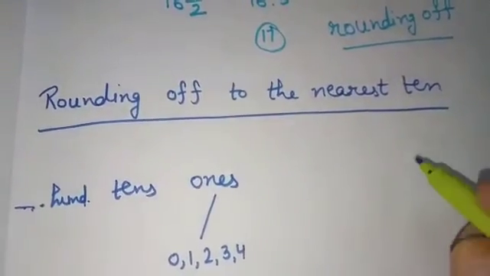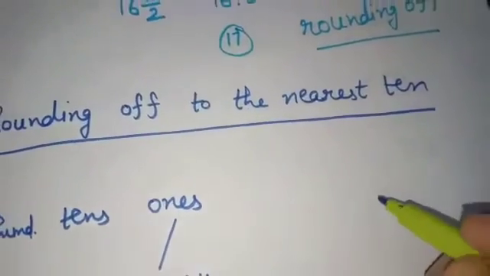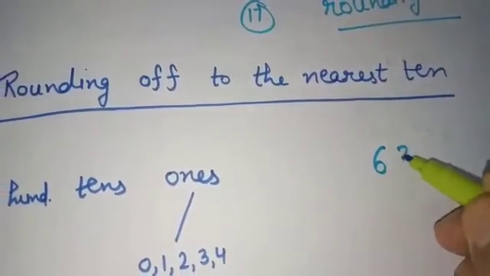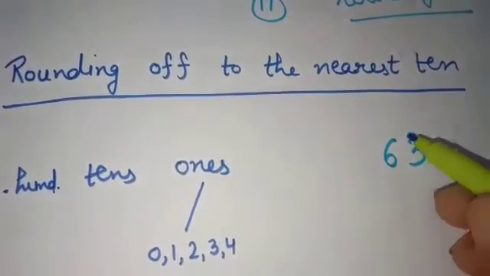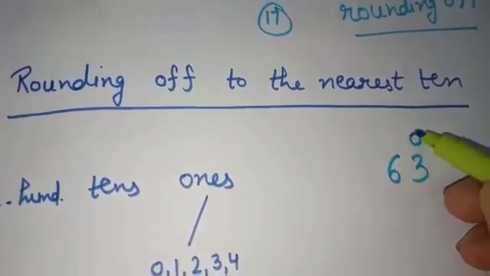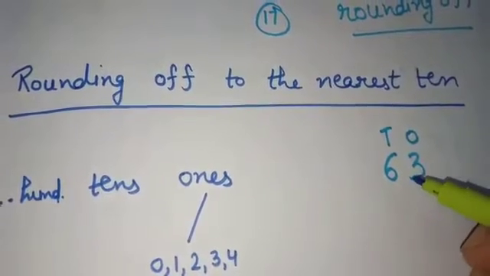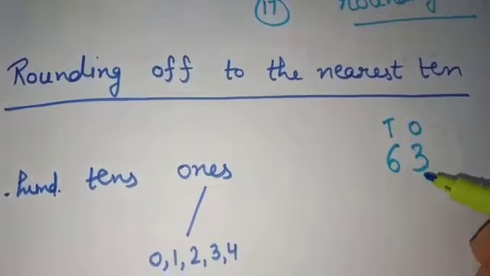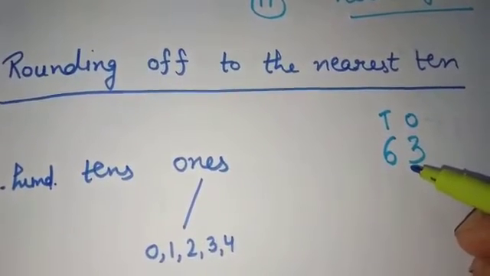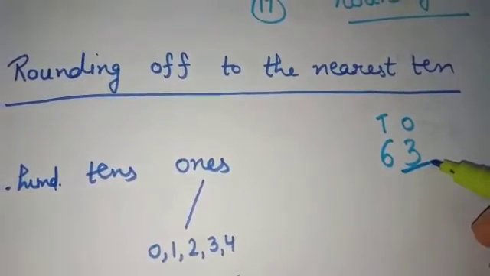For example, I have a number 63. Round off to the nearest tens. In this number, this is ones place digit, this is tens place digit. I need to round off the number to the nearest tens, so I will look at the digit at ones place, which is 3.